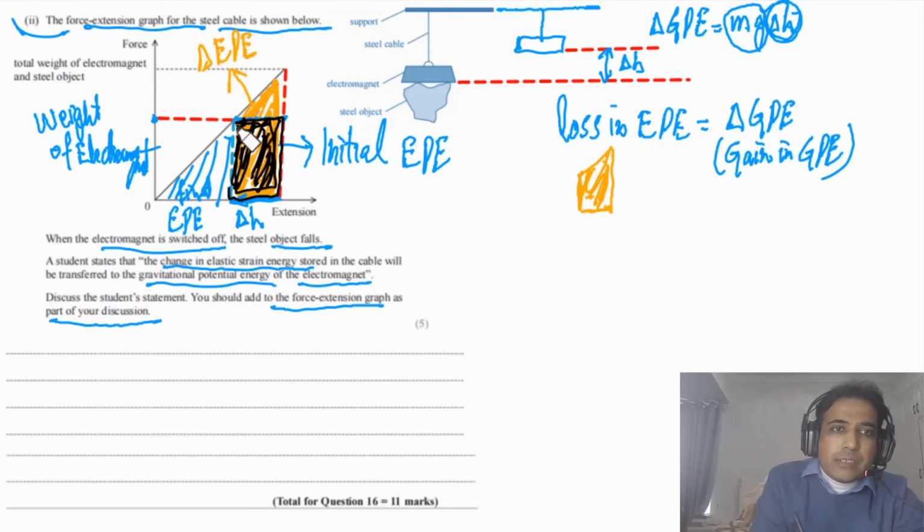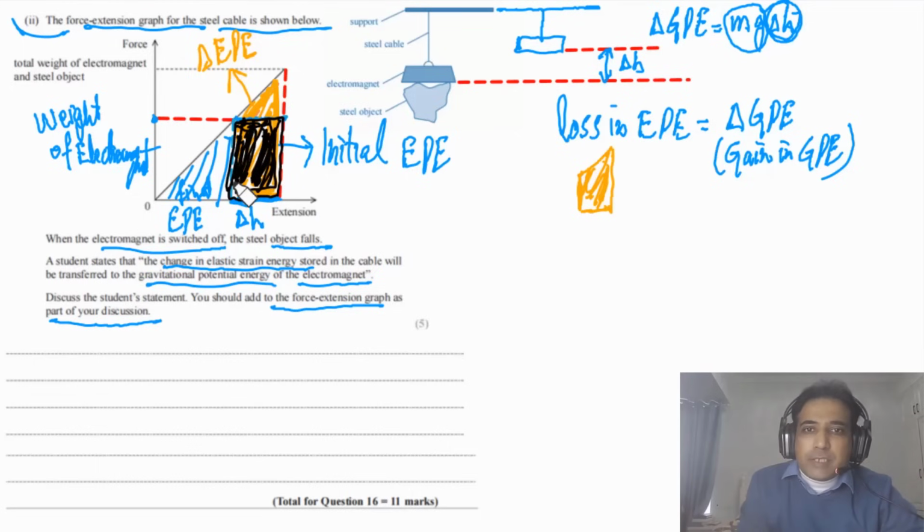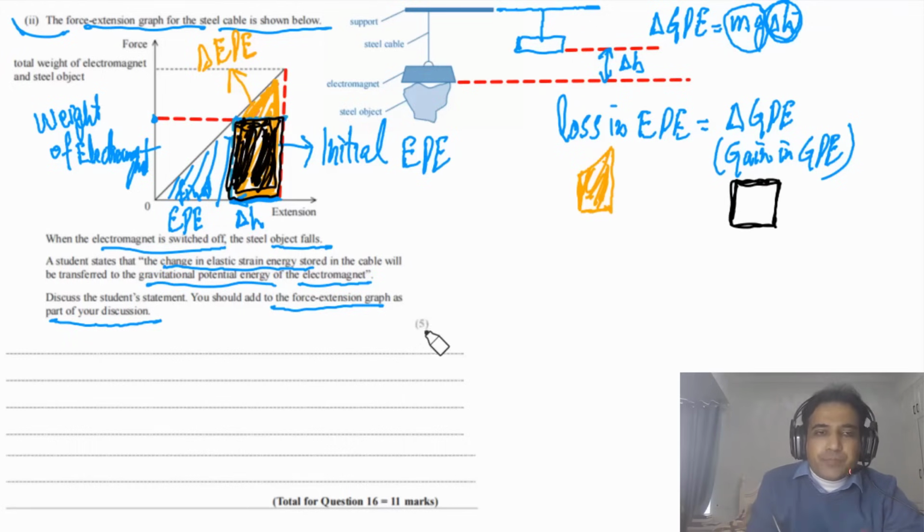You can label this one on the graph. And this one we can say is the change in EPE. You can also write this down on the graph.